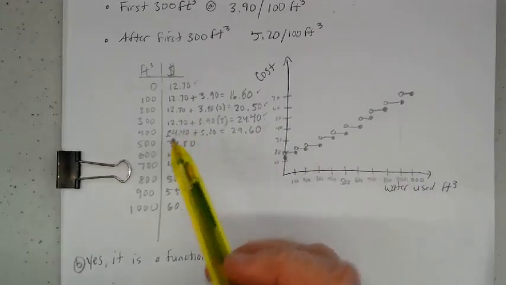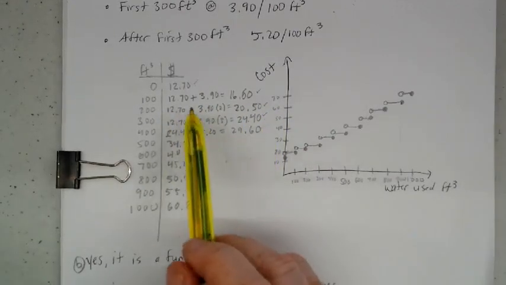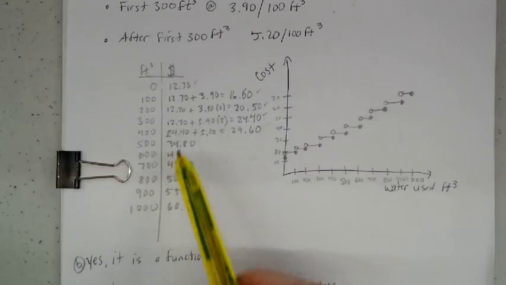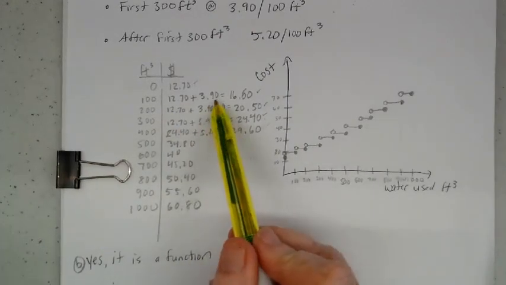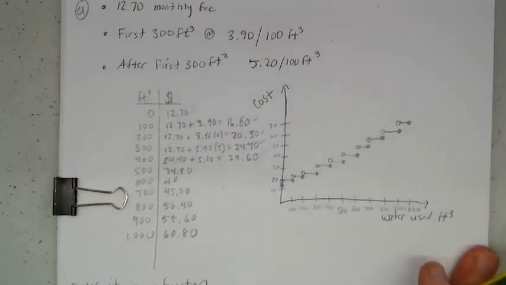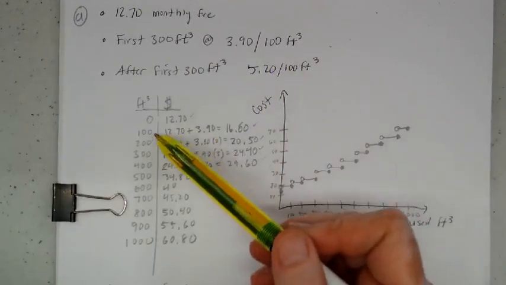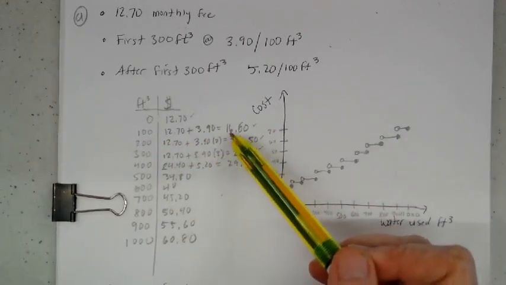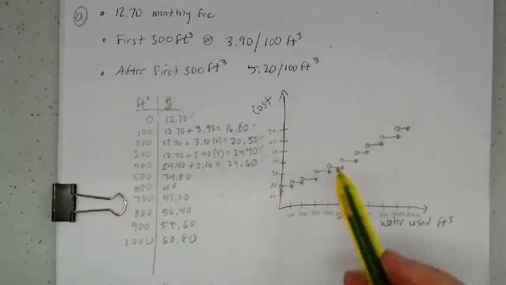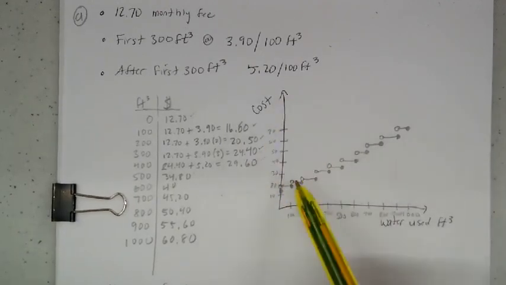And so then I started figuring out the cost for each amount of water. She always has to be charged $12.70 every single month. The first 100 cubic feet is $3.90 per 100, so if she only uses 100, it's going to be $16.60. Really sorry about my graph, I should have spread it out more.